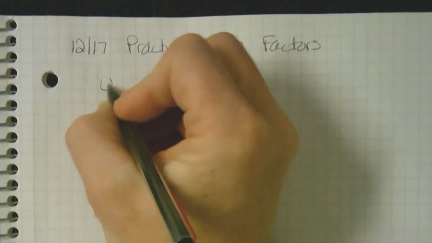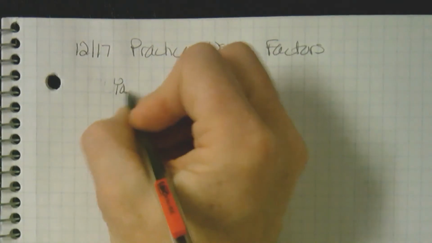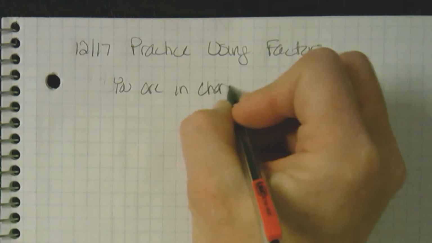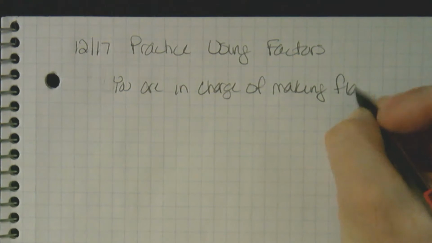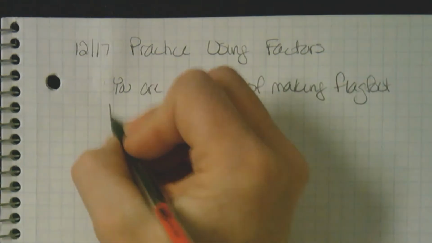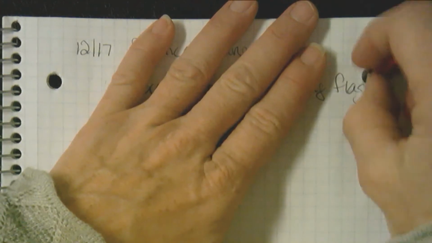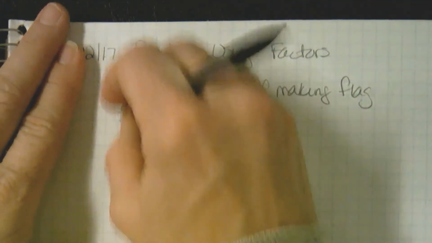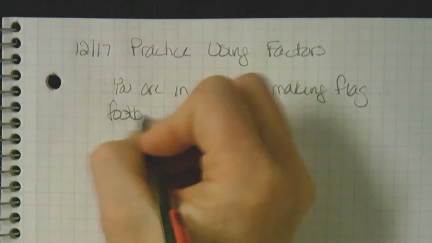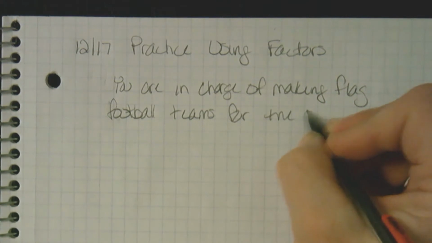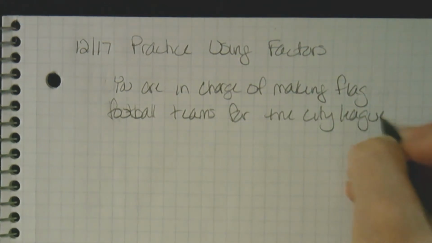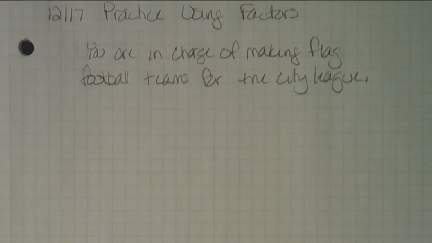Okay, so let's say you are in charge of making flag football teams for the City League. So you're in charge of making flag football teams for the City League.